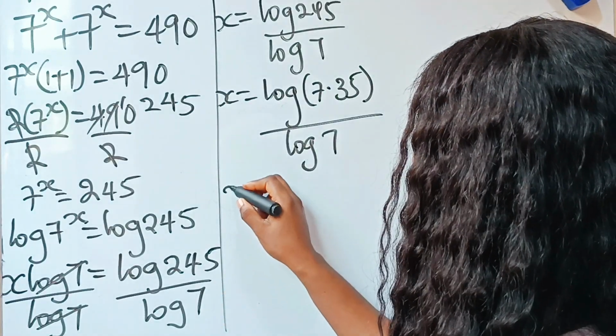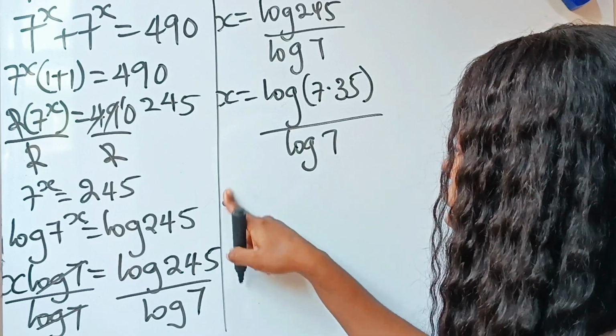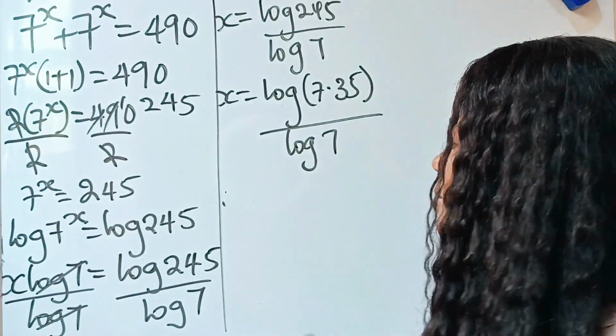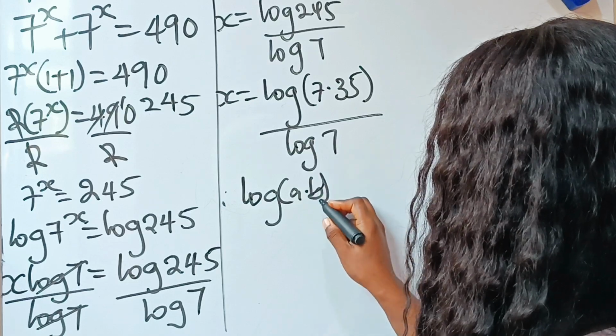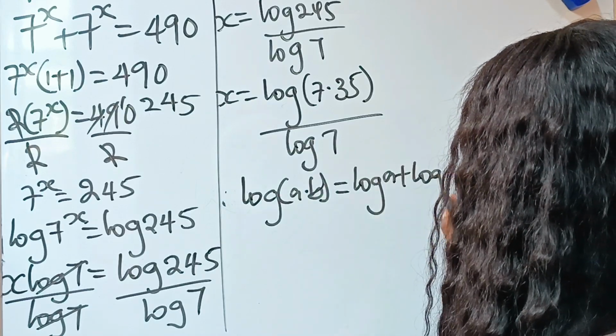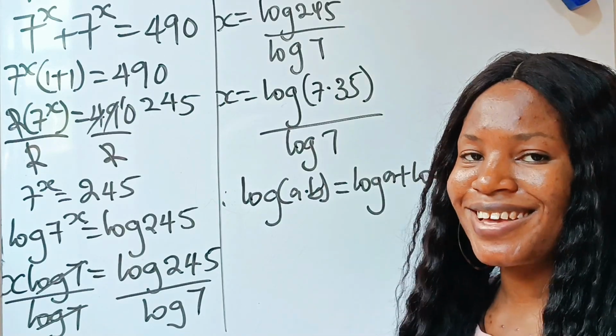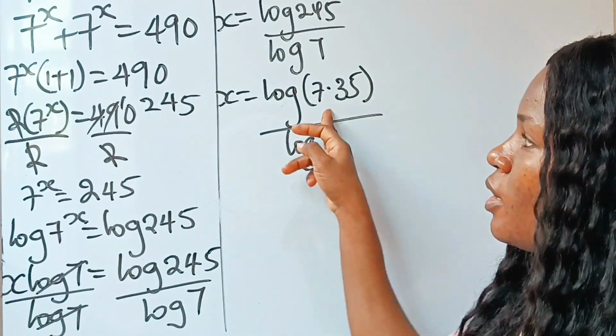All right, now before this I want us to recall a law in logarithm that states that log of a multiplied by b is equal to log a plus log b. All right, yes, it's a law. Now let's apply the law here.